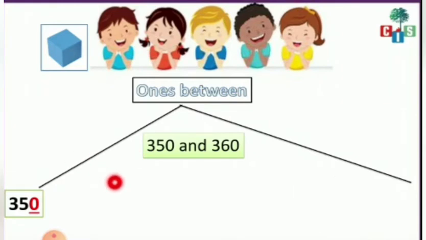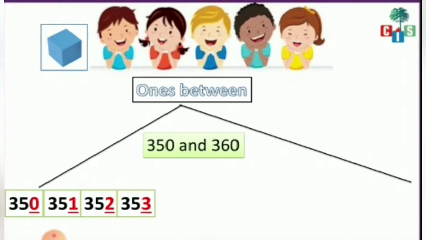So 350, after 350 my answer will be 351. After 351, my answer will be 352. See, the last digit is changed. After 352, what comes after 2?